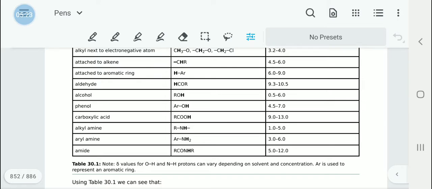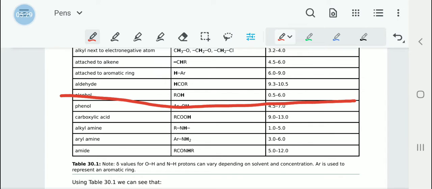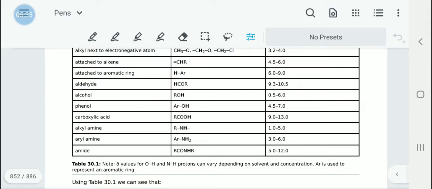So we can obtain that value because alcohol is here as well. You would be given some really easy connections to make, but if you understand this particular part, then you would be able to do it properly.